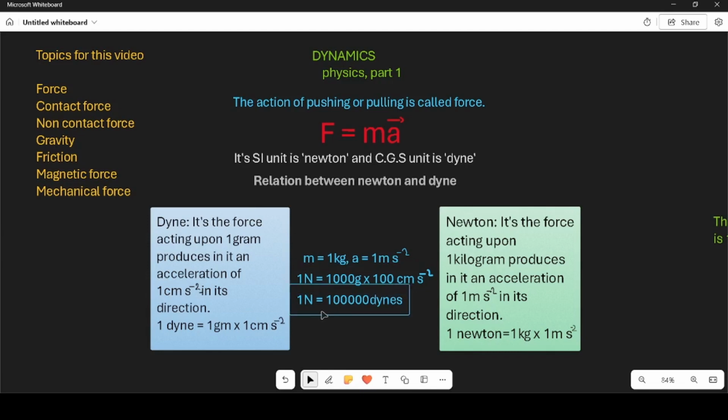If we multiply them we would get 1 lakh dynes, so that would be 1 Newton. So now we know the relation between Newton and dyne, that is 1 Newton equals 10 to the power 5 dynes.